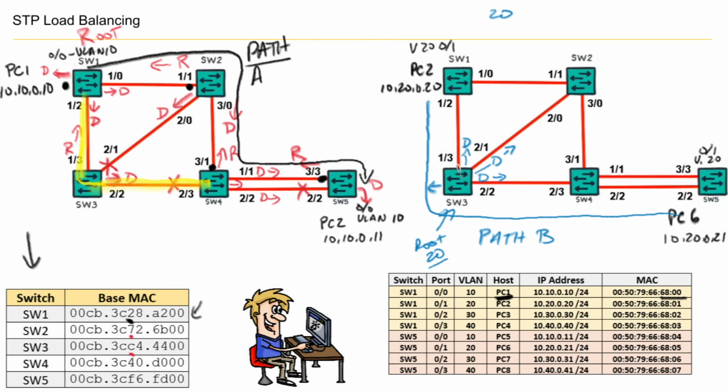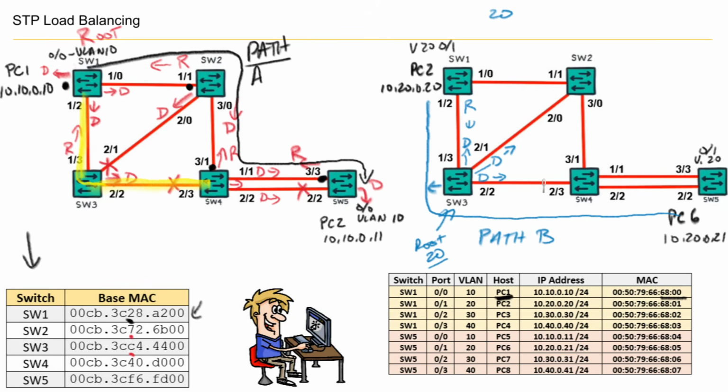That's the port they're going to use that has the best cost to forward traffic in the direction of the root bridge. So root ports forward towards the root bridge. Designated ports forward away from the root bridge. And so on switch 1, if all these links are gigabit, which they are, this would be the closest cost. This would be the least cost right here.